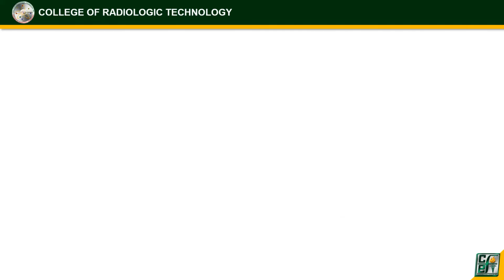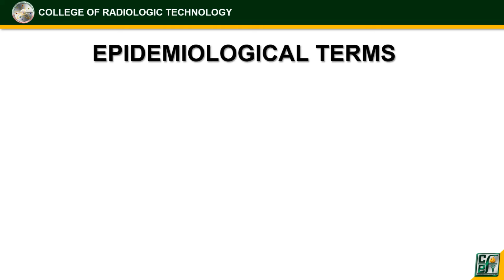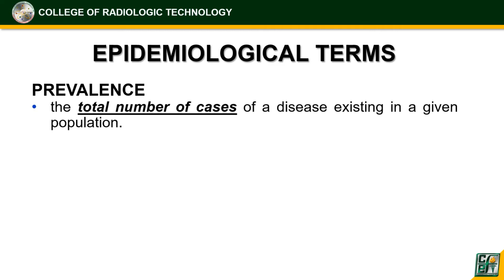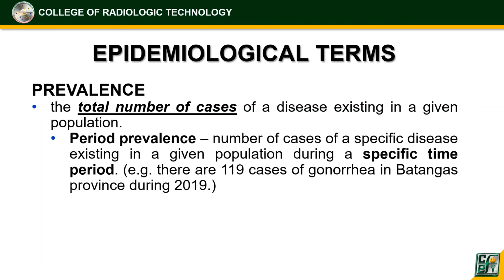Following incidence, it is important to know the term prevalence. So prevalence is the total number of cases of a disease existing in a given population. So there are two types of prevalence.